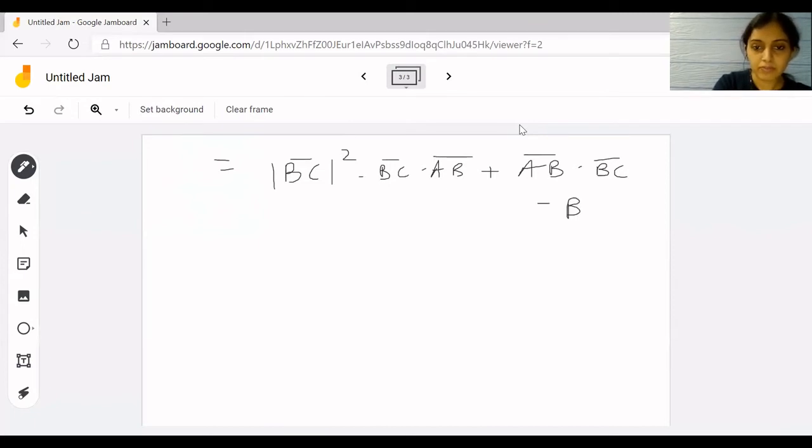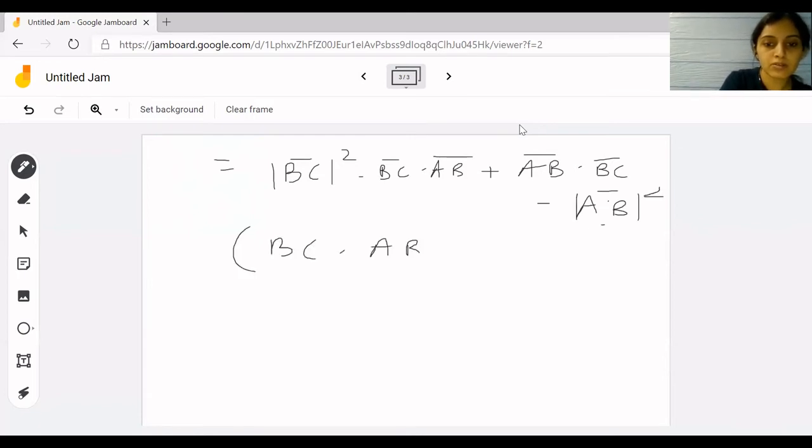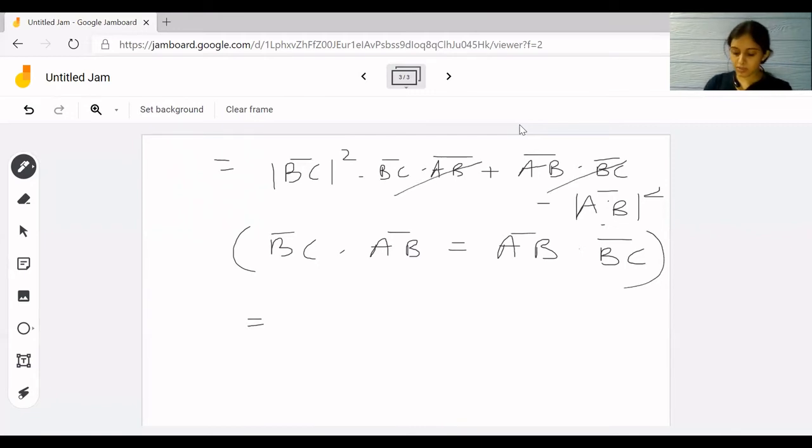From the dot products we know that BC dot AB will be equal to AB dot BC. So both are the same, they cancel out and we are left with BC square minus AB square.